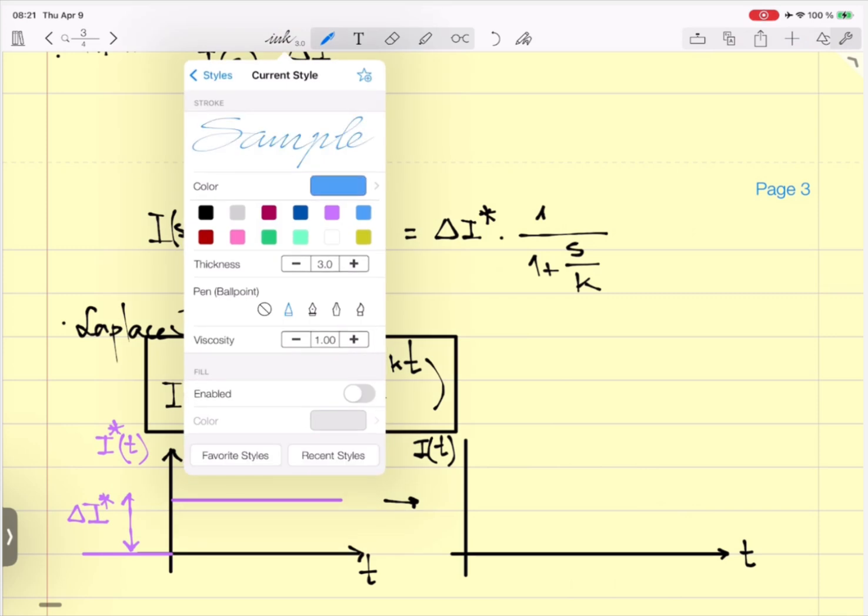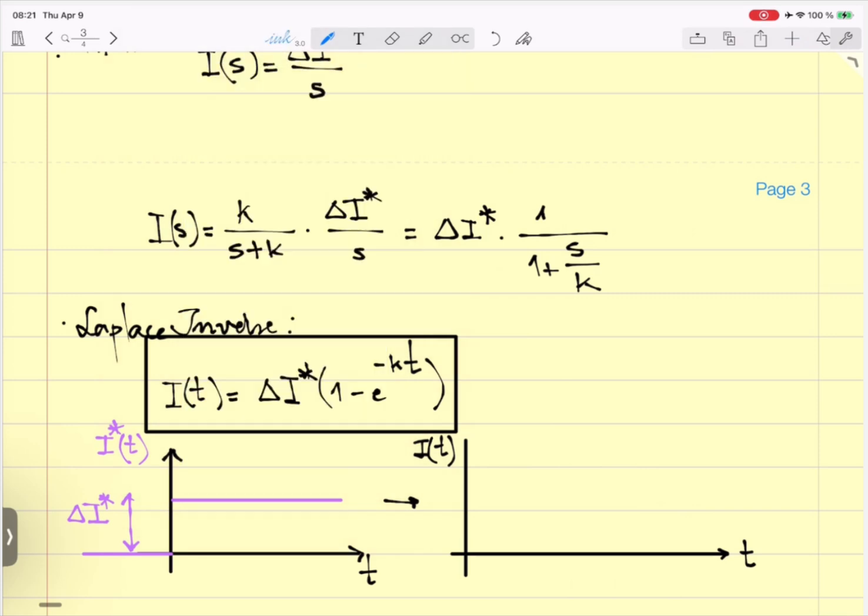For t equal 0, I will have 0, and for t equal infinity, I will have the same level of increase in the target. So the system will adjust towards the target following such a curve.